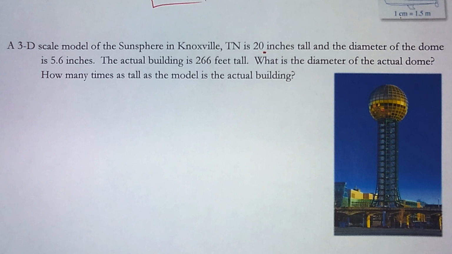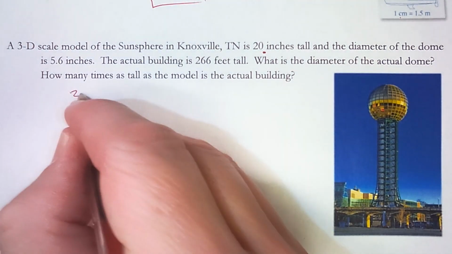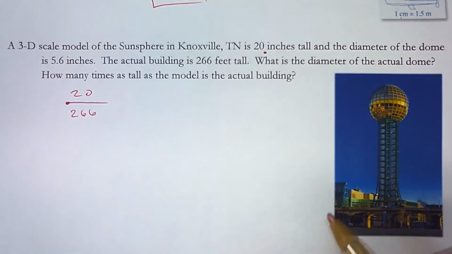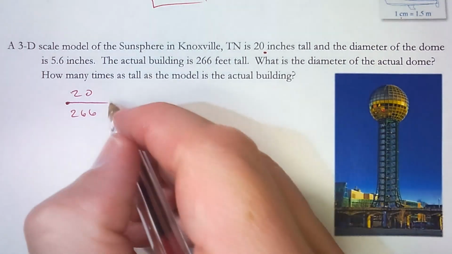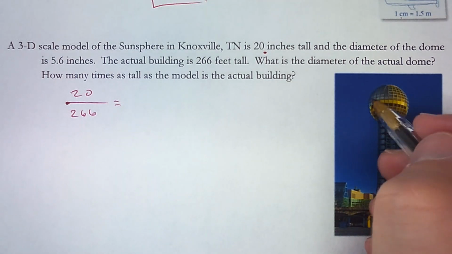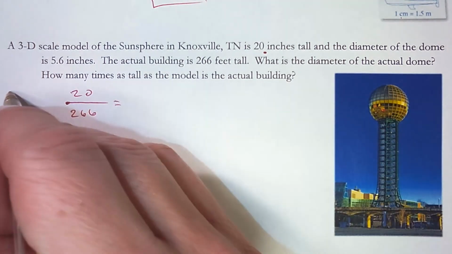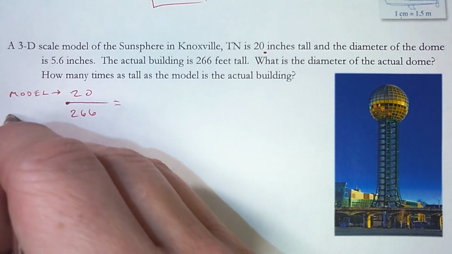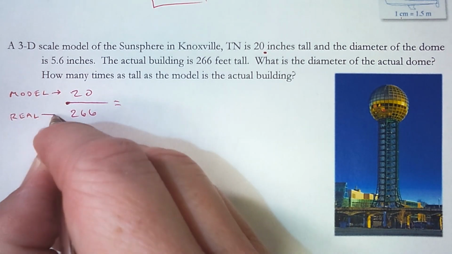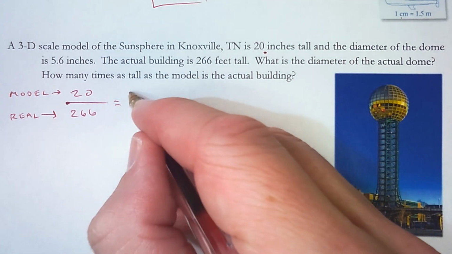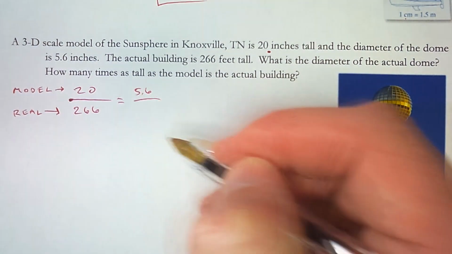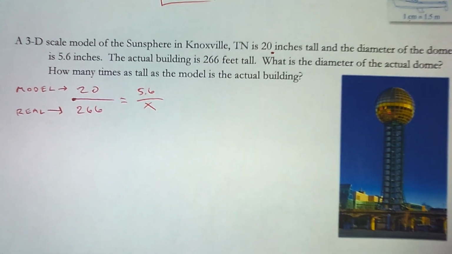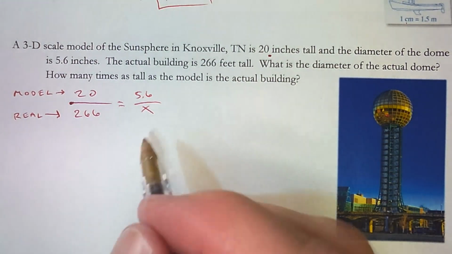Okay, so let's go model over the real thing. So the model is 20 inches tall. The real thing is 266 feet tall. The diameter of the dome on the model, okay, so remember we have model on top, and we have the real thing on bottom. The diameter of the dome on the model is 5.6 inches. How many feet is the diameter of the actual dome?